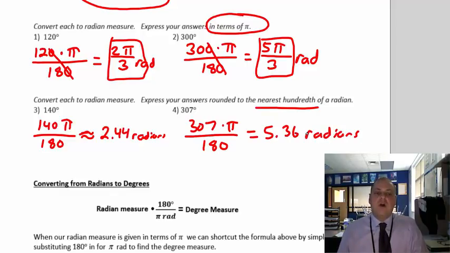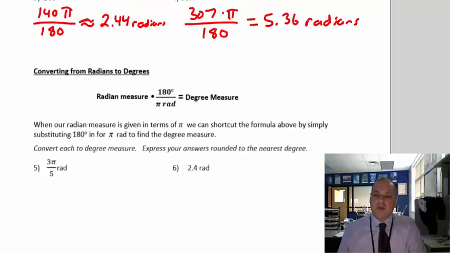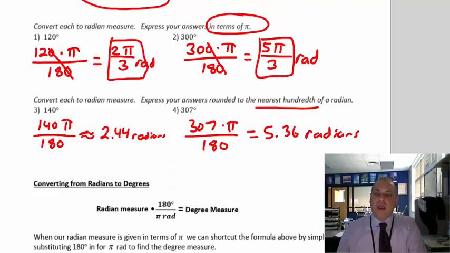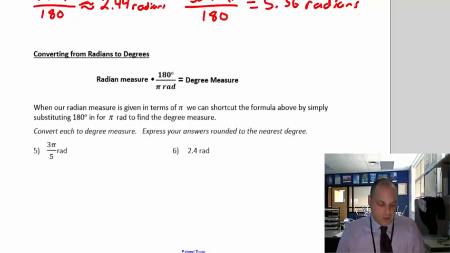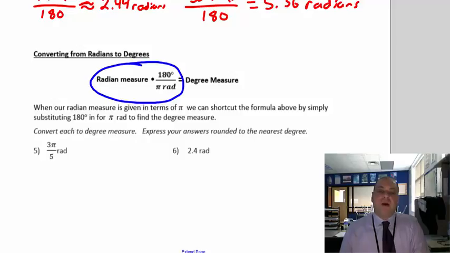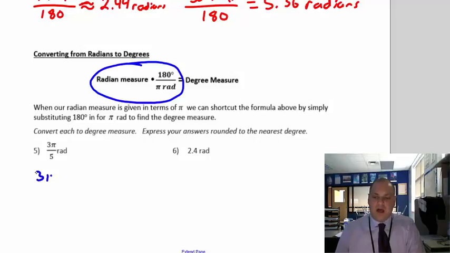Okay. Now, to go the other way around, if I know the radian measure, I'm able to go to the degree measure, and I just do this. I multiply by 180 over pi. Instead of pi over 180, it's 180 over pi. So this one is 3 pi over 5 times 180 over pi.